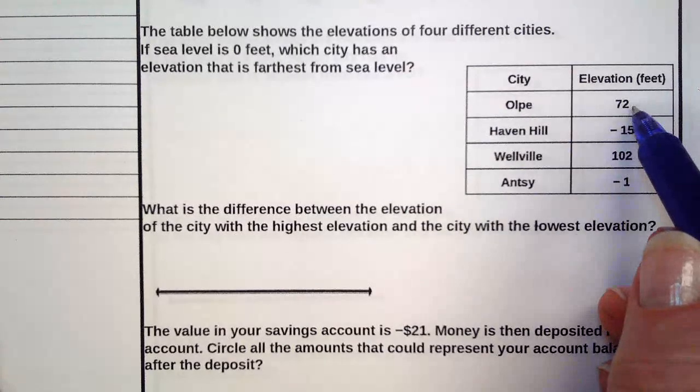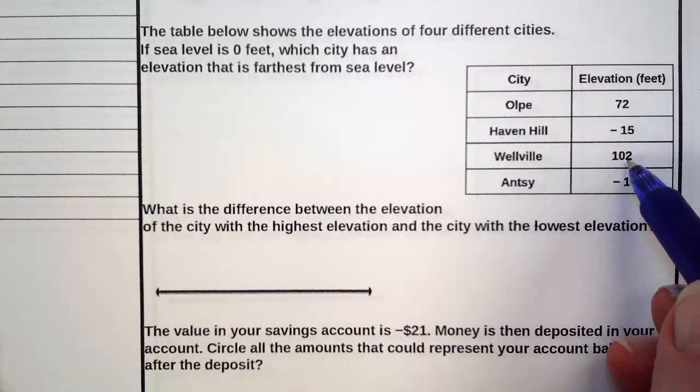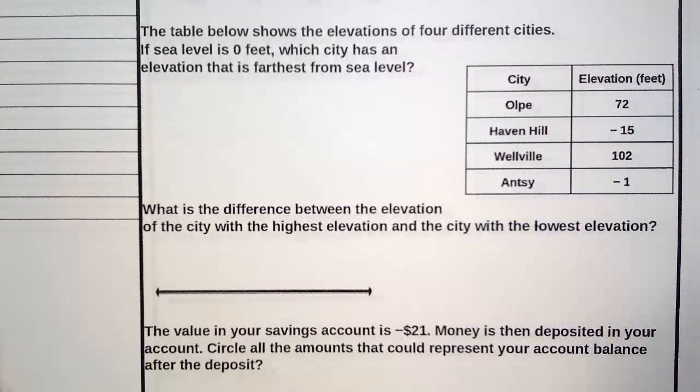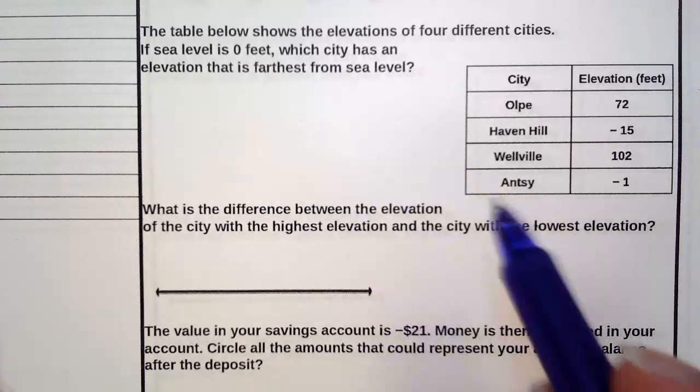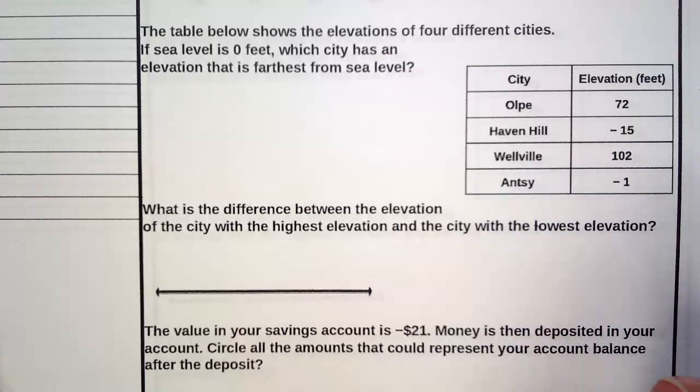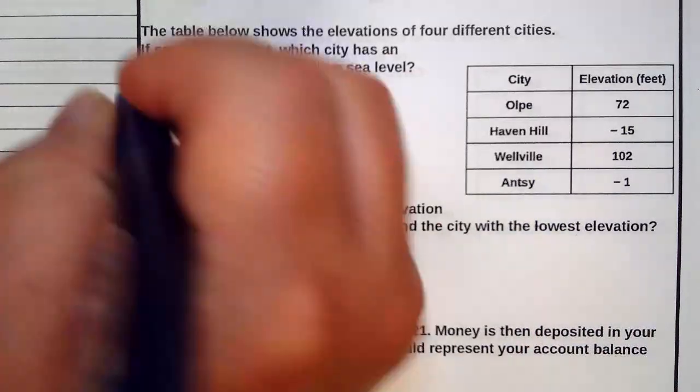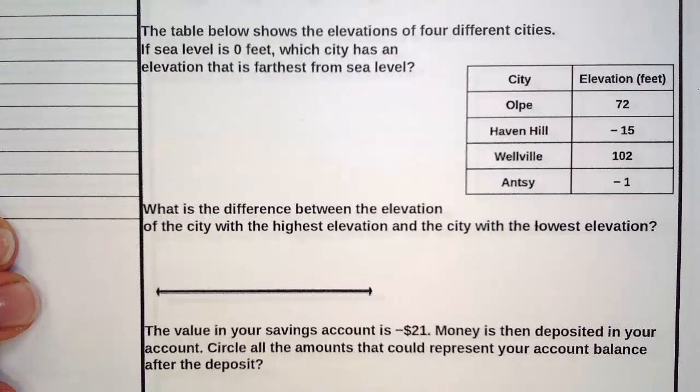I've got 72, I've got negative 15, 102, and negative 1. Which number is farthest from 0? That would be Wellville. So Wellville is the farthest from the sea level.